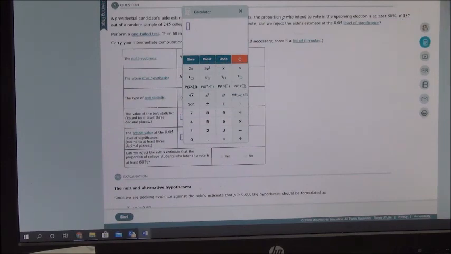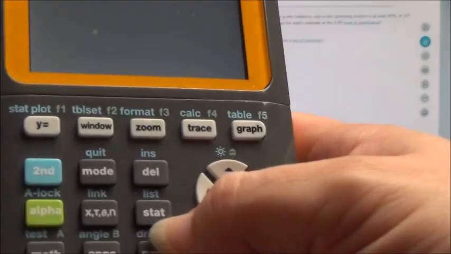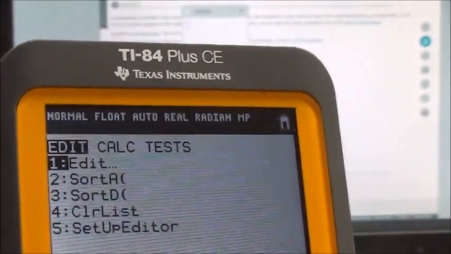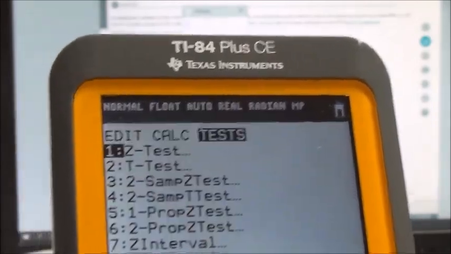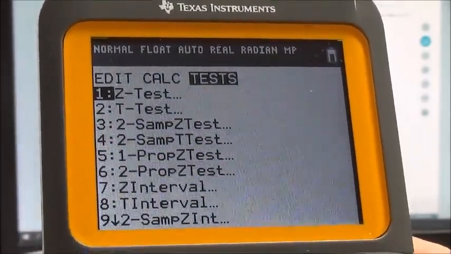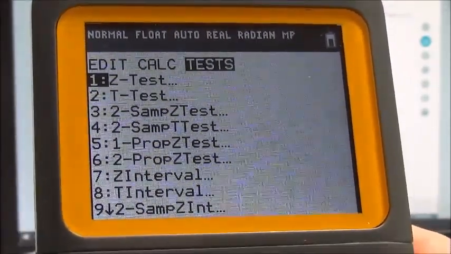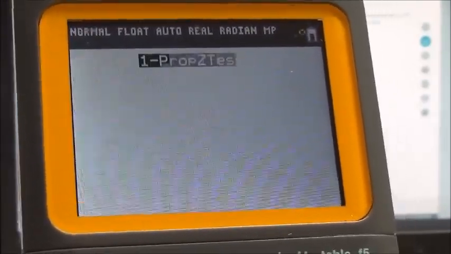Now I'm going to grab my calculator here, and I am going to go ahead and hit the stat button. If I hit the stat button, I'm going to again cursor over to tests, and you can see that number 5 is your one proportion z-test. So we're going to do number 5.